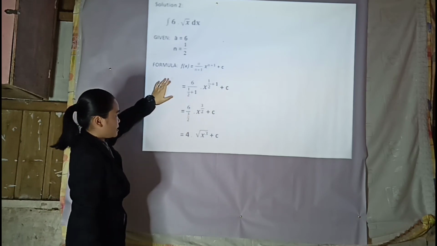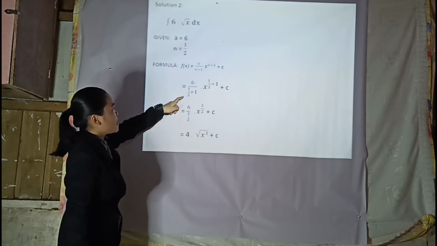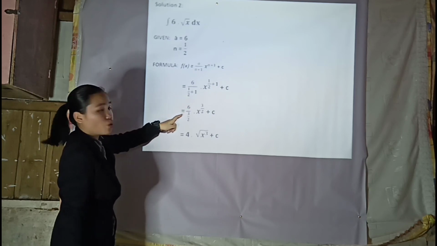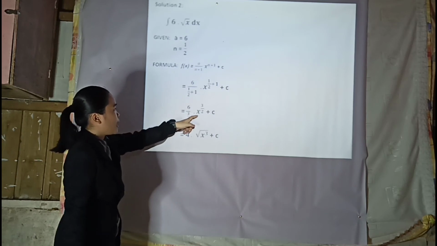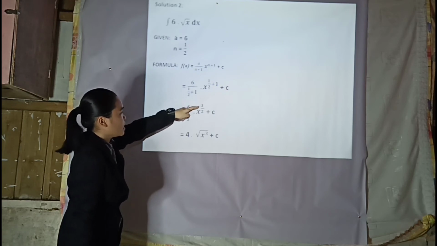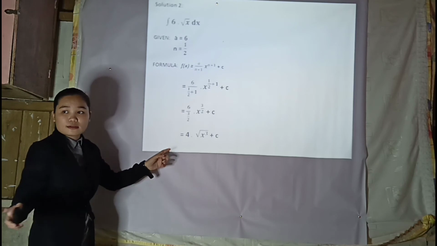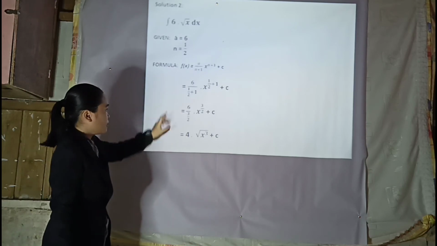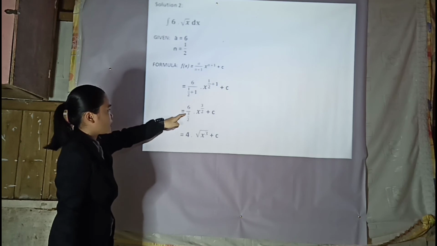So, simplify this answer. We have 6 over 1/2 plus 1 is equal to 3 over 2 times x raised to the power of 1/2 plus 1, we have 3 over 2 plus c. So, are you following? Okay. So, simplify again this answer. So, we have 6 over 3 over 2.